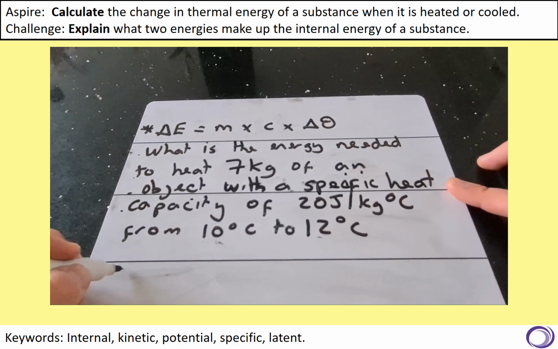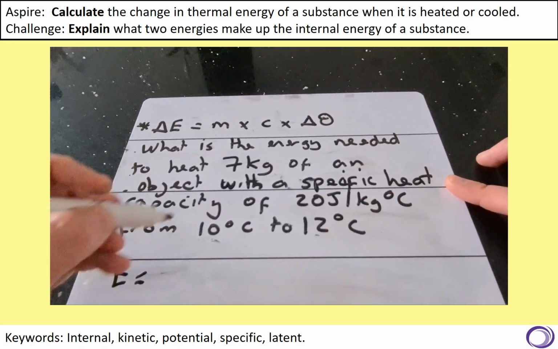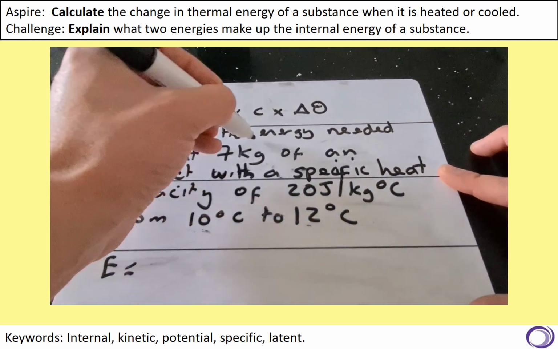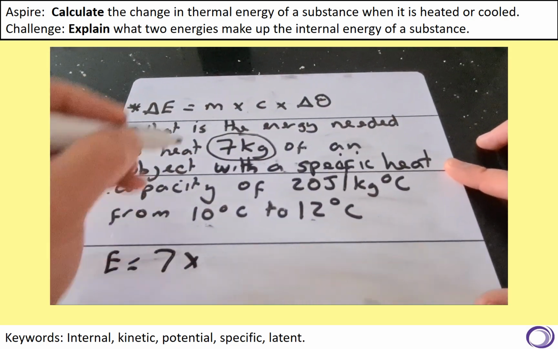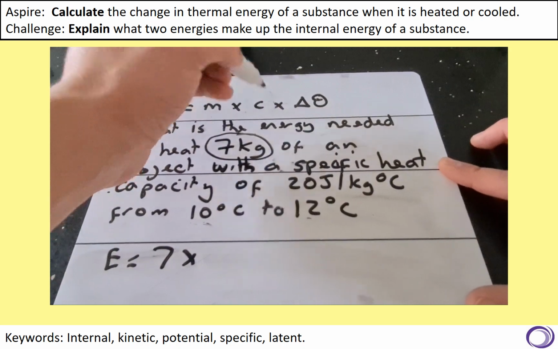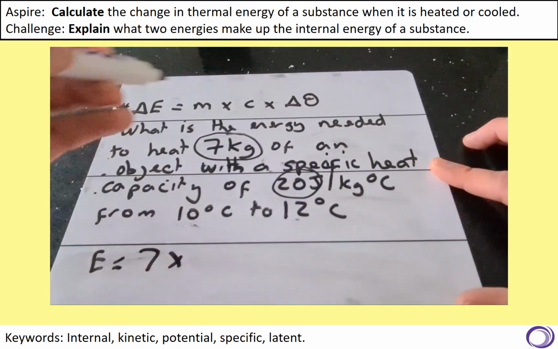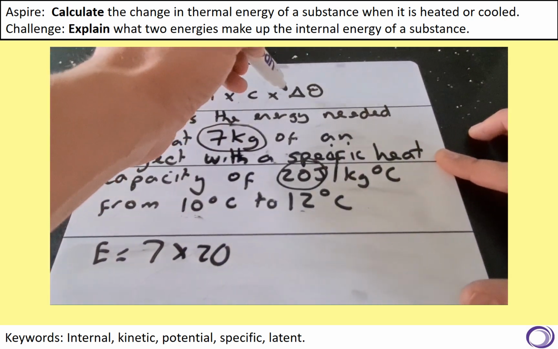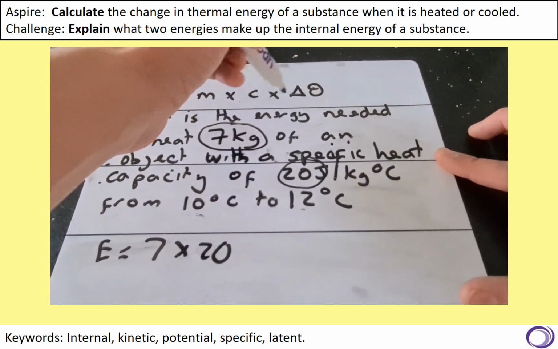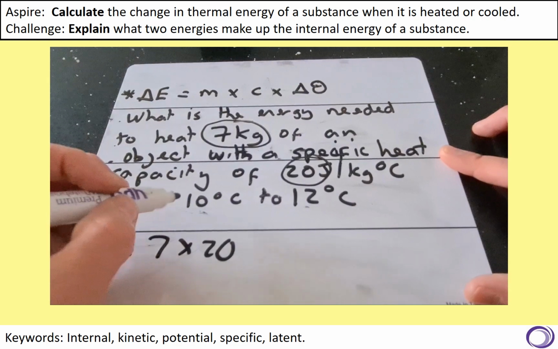So I put down my equation, so the energy needed. Now I'm looking for the mass. So here is my mass, which is 7 kilograms. And we have to remember that C is specific heat capacity. So that's this number here, times 20. And then this triangle, this delta, means change, and then change in temperature.